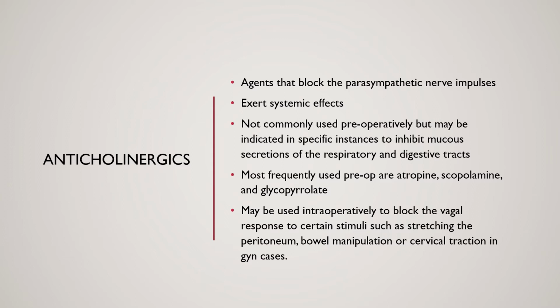Most frequently used pre-op are atropine, scopolamine, and glycopyrrolate. May be used intraoperatively to block the vagal response to certain stimuli, such as when we're stretching the peritoneum, or we are manipulating the bowel, or we're doing some cervical traction in the GYN cases.